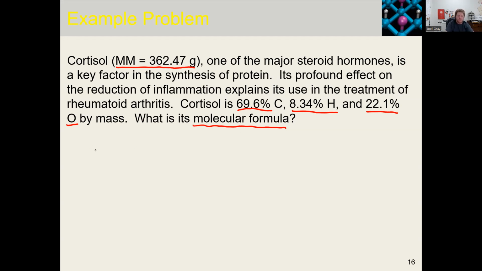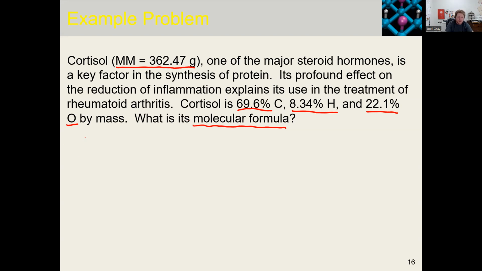We've been given percentages, but if we add all those percentages up, we would end up at just about 100%. So 69.6 plus 22.1 would be 91.7, plus 8.34, that would get us to 92 plus 8, which would be 100%.